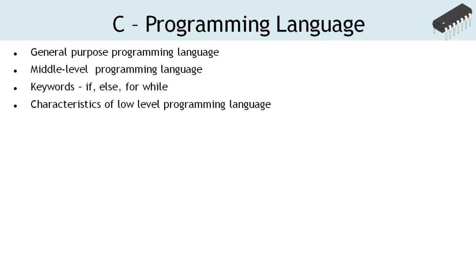It also contains certain features which allow it to be used as a low-level language. This flexibility allows C to be used for system programming as well as application programming.